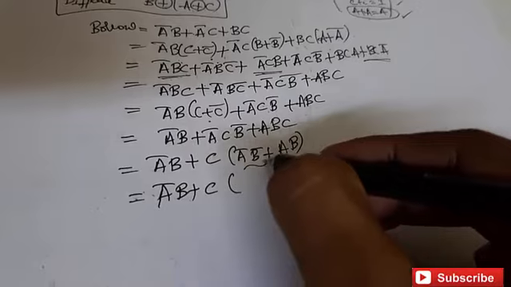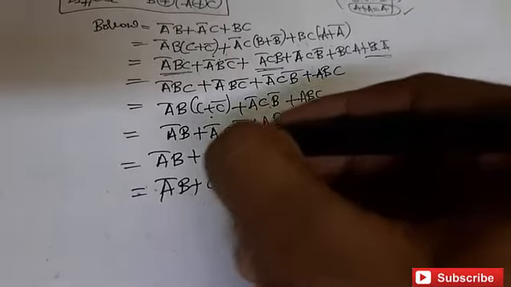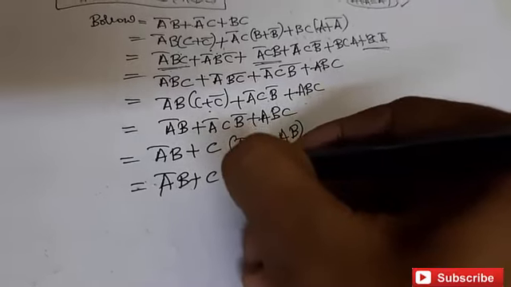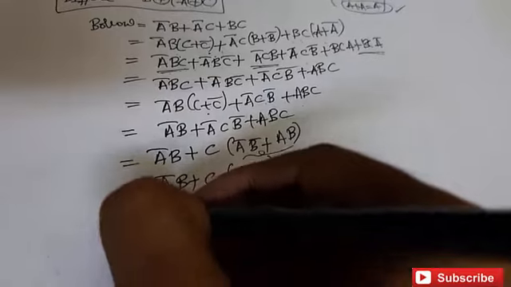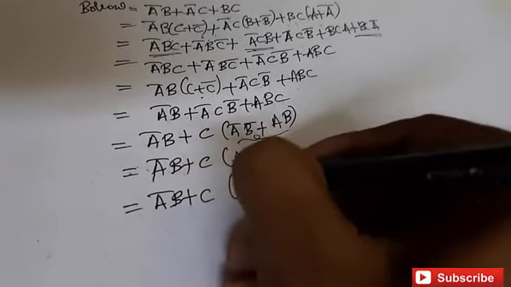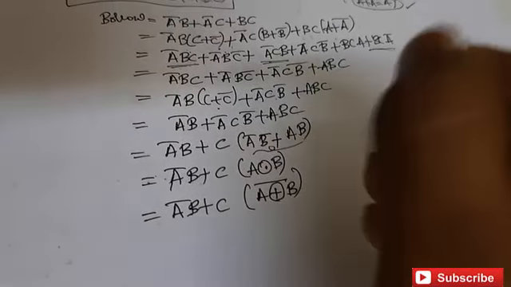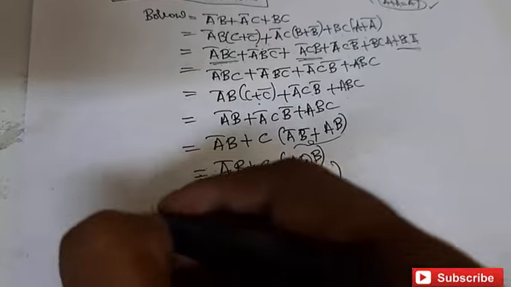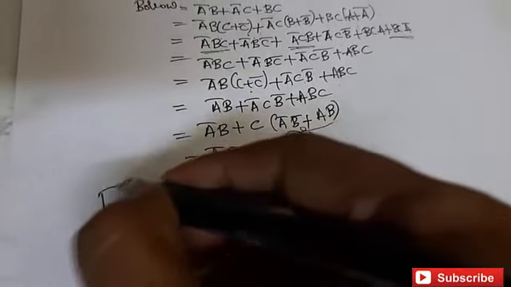You already know that A bar B bar plus A B is the logical expression for the XNOR gate, A XNOR B. If you complement the XOR gate, you will get the XNOR gate. This becomes the borrow expression.